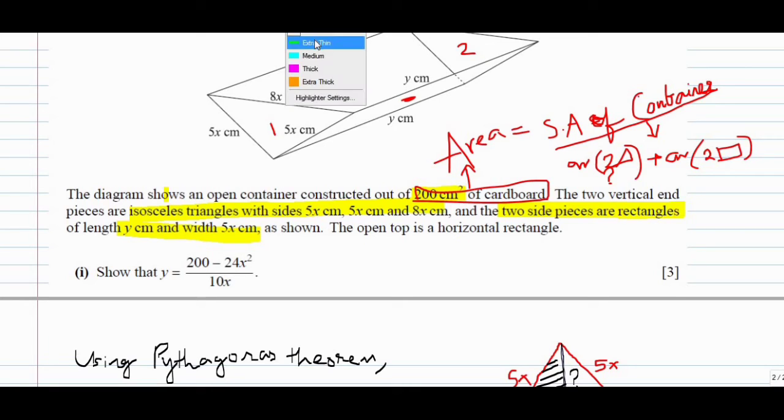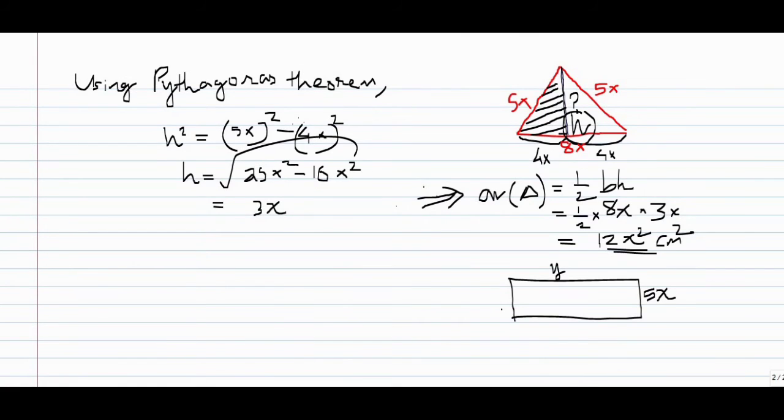Now our next task is to find the area of each rectangle. It is very simple. Our rectangle has dimensions y centimeter and 5x centimeter. So area of each rectangle is length into breadth, which is equal to y into 5x, that is 5xy.